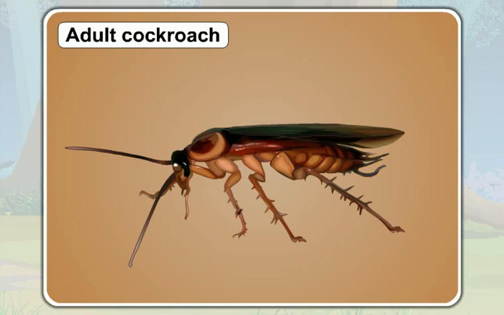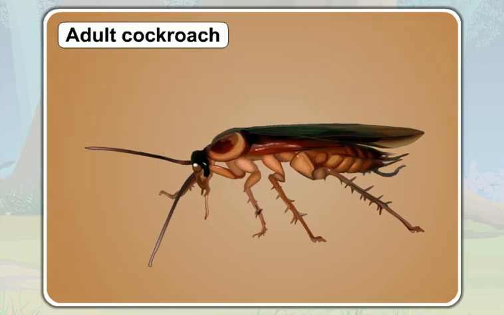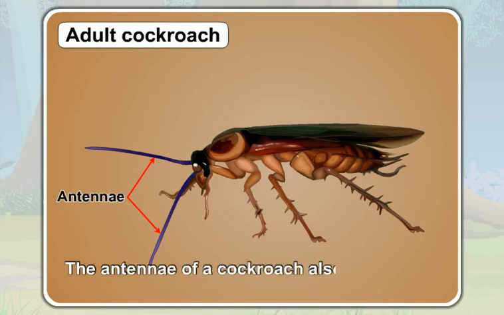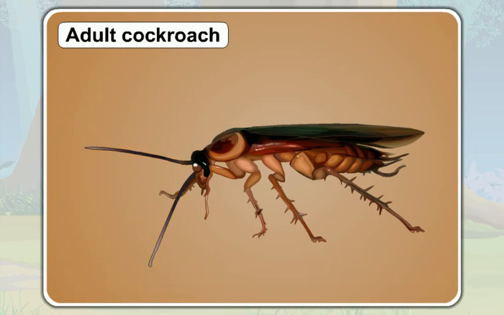Like a butterfly, a cockroach too has a pair of antennae on the top of its head. The antennae of a cockroach also act like our sense organs. An adult cockroach lives only for 4 to 9 months. Sometimes it may live up to a year.